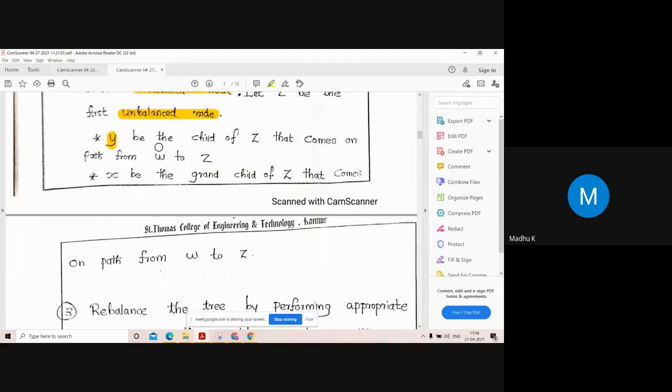What is Y? Y is the child of Z that comes on the path from W to Z. This is a very important point.